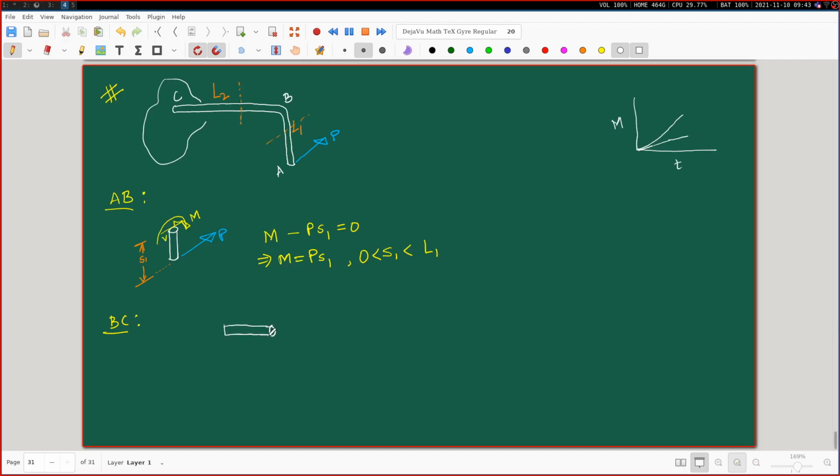But at the same time, I'm going to remove this AB part also. Now removing the AB part means what? I'm effectively doing this.